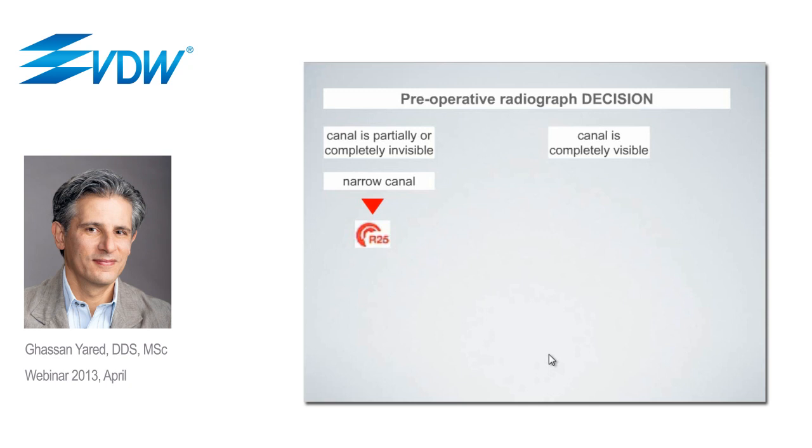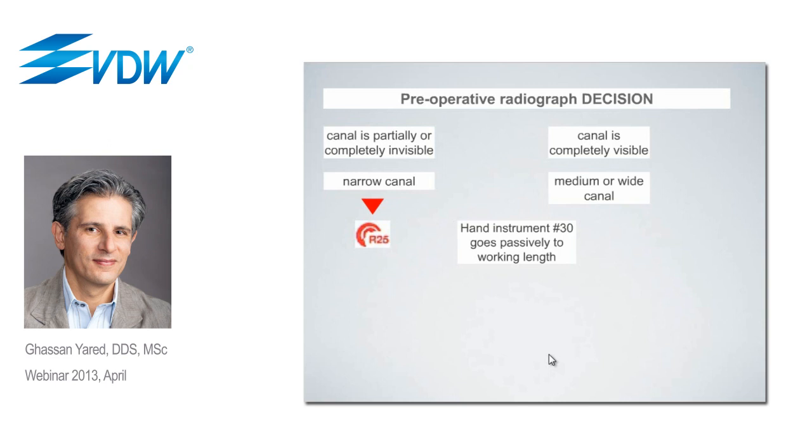If the canal is completely visible on the radiograph, then we assume that this canal is quite wide. And in these cases, we take a hand instrument number 30, straight, we do not recurve it, we put it in the canal, without any winding, without any cutting, just straight.